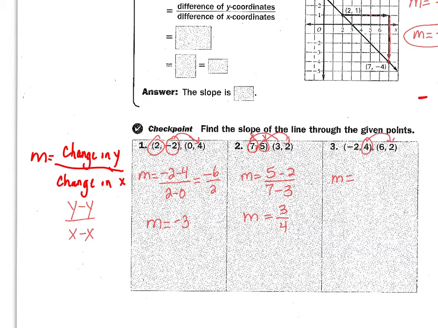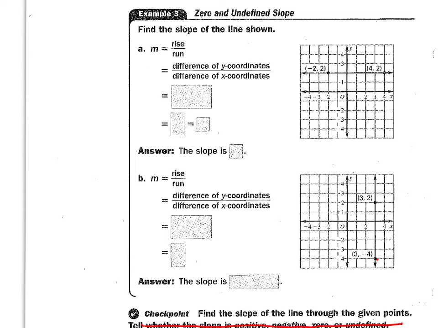I'm going to do 4 minus 2 over negative 2 minus 6. Well, I get 2 over negative 8. So my slope would be negative 1/4. And then we already know this. If it's a horizontal line, we know the slope is 0. If it's a vertical line, we already know the slope is undefined.